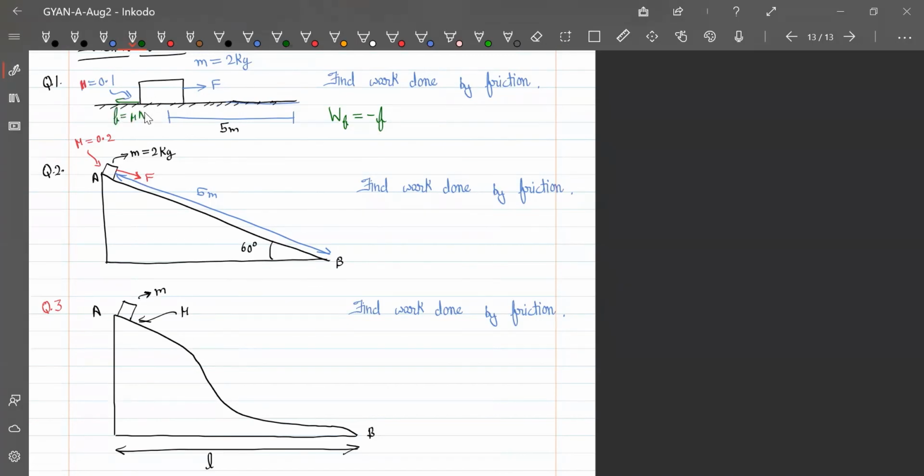That is mu times N. So minus F into L. What will be F here? That will be mu times the normal force. Normal force here is mg. So minus mu mg L. Mu is 0.1. Mg will be 20. L is 5. So work done will be minus 10 joules.